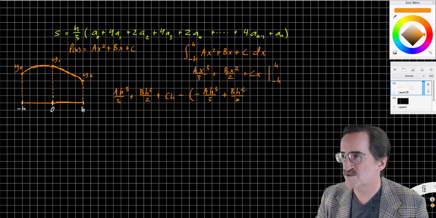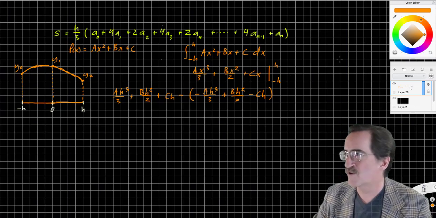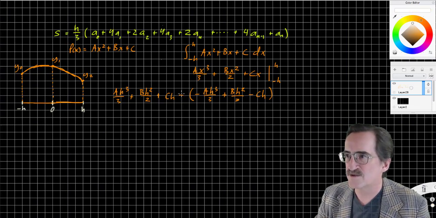The signs working out correctly become very important here. And then minus ch. Now I'm going to distribute the negative sign, so this becomes positive, this becomes negative, this becomes positive.